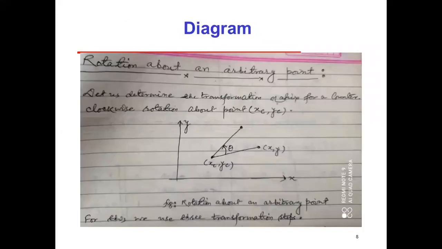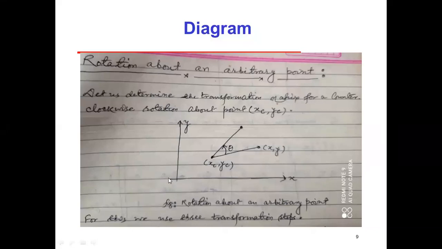Now you can see in the next slide rotation about an arbitrary point. Just consider this diagram here. Okay, this is the origin, 0 0, and now we have xc comma yc here, above the origin, and now we want to rotate our object about this xc comma yc, not about the origin.